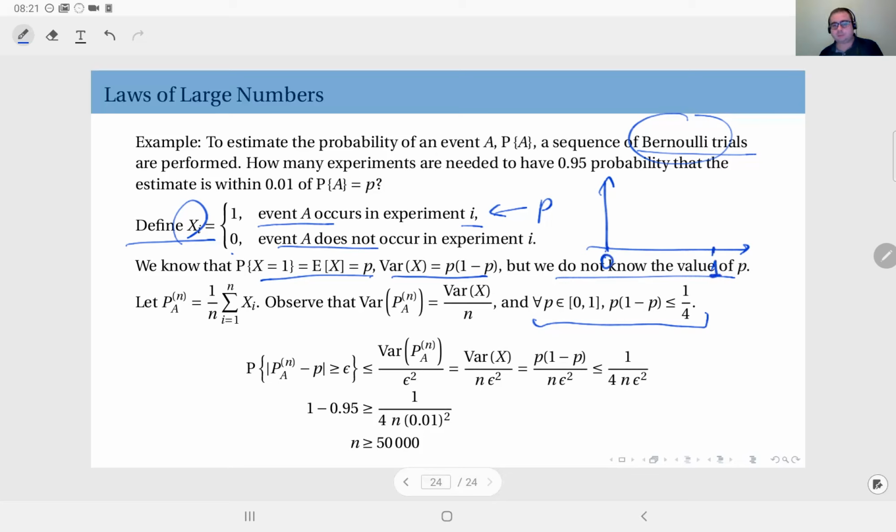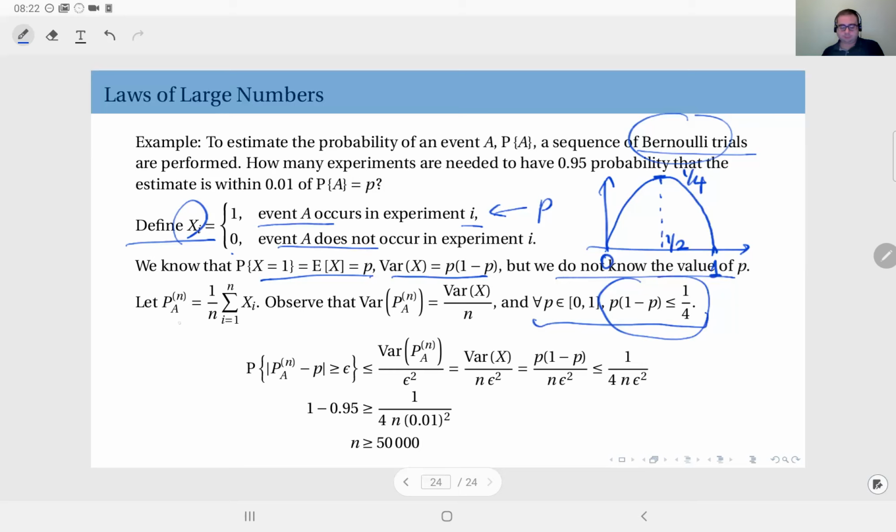It's a parabola, P minus P squared. It's a parabola in this form, okay? And its peak value occurs at 1/2, which happens to be 1 over 4. So for all other values of P, P times 1 minus P is below 1 over 4. So this is a key observation.